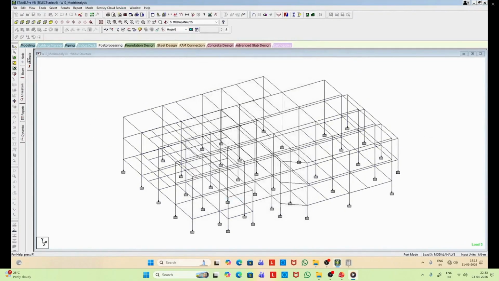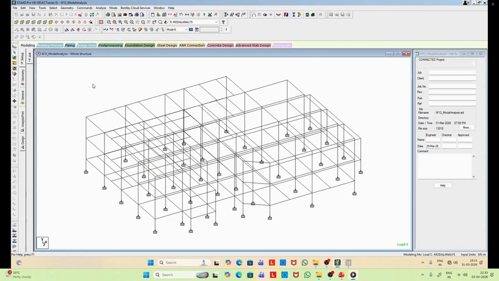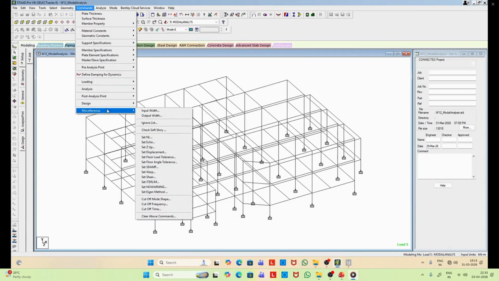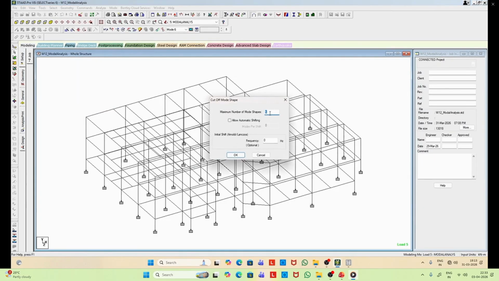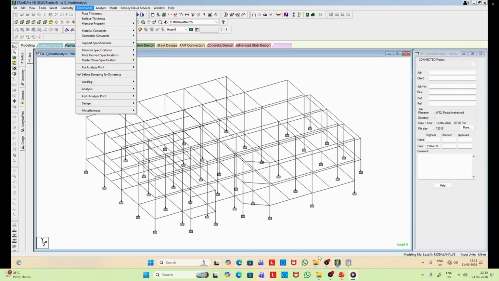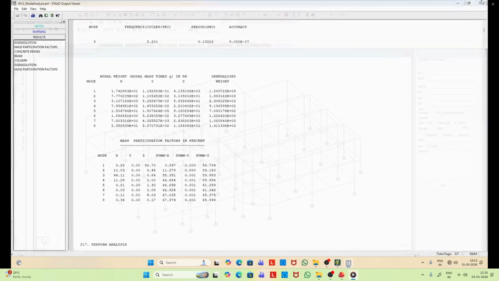So what we can do, we can increase the number of modes in our analysis, and then accordingly we can find out the solution. So let us rerun once more.